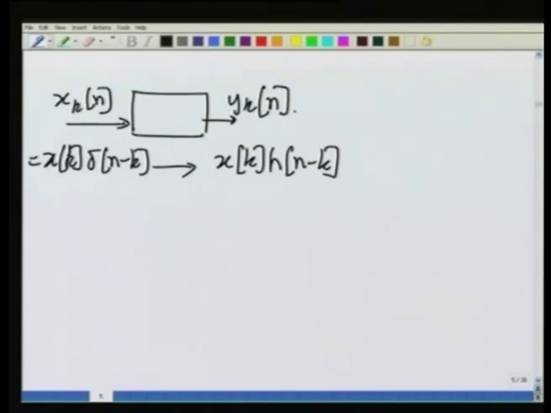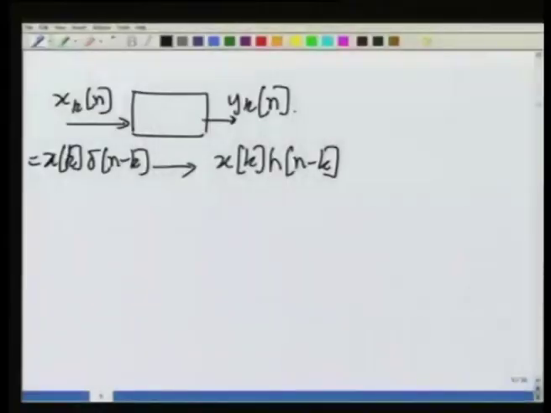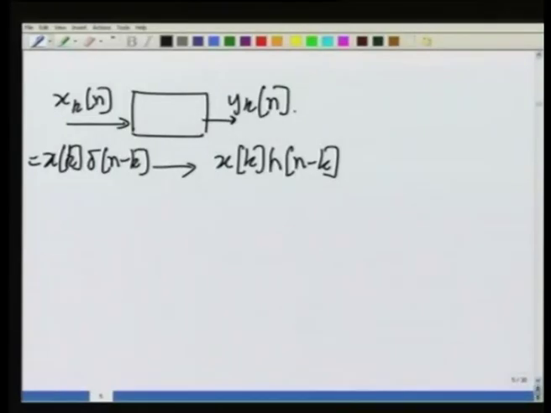So, in this particular component block, we have succeeded in expressing the response to x_k[n], namely y_k[n], in terms of the impulse response, in terms of a scaled and shifted impulse response, shifted by k, scaled by x[k]. So, that is it. We now have the response at each component block.